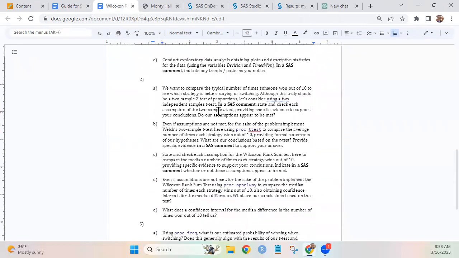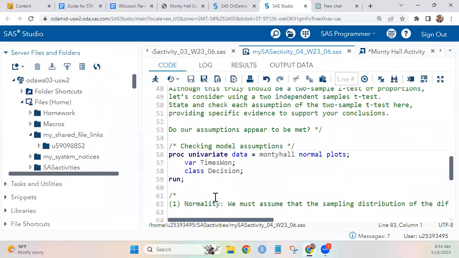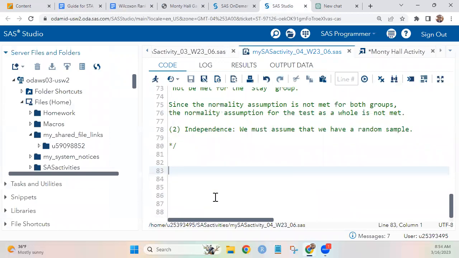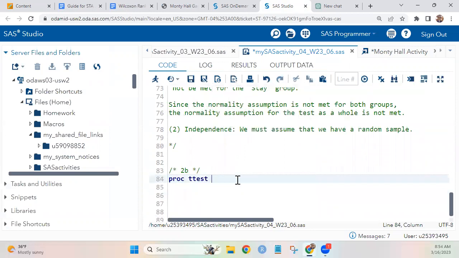No. Okay, so that was 2A. Now for 2B, we're just going to go ahead with the t-test because we're feeling like we're going to get crazy today. Do it anyways, even though the assumption's not met. So proc ttest, aptly named.